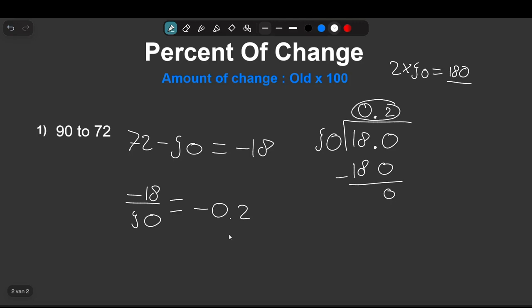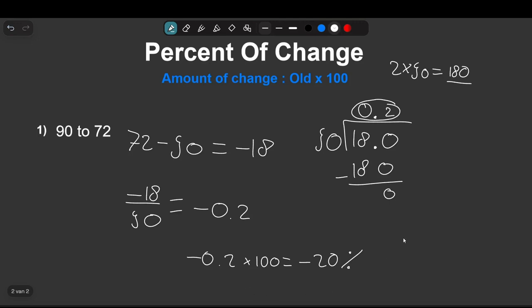So the last thing we want to do is to multiply negative 0.2 by 100. So we're going to do this in the both ways I showed you guys. So we're just going to do this normal way by multiplying it by 100, and this will give us minus 20%.